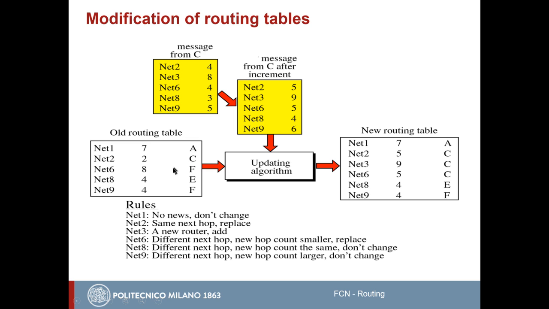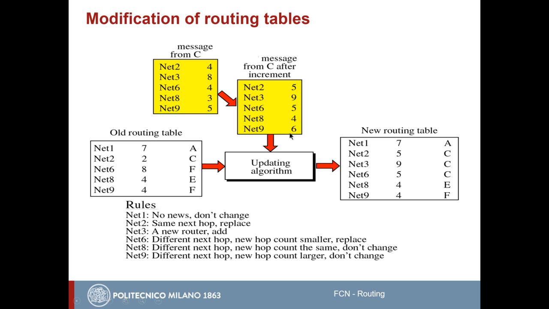In the case of net 8, we have the same value, so we can decide what to do. Here we decided to maintain the same information as before. In the case of net 9, the value received from C is 6, which is larger, so we don't update.